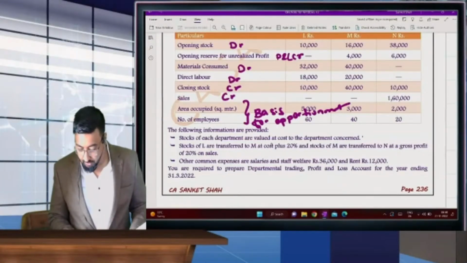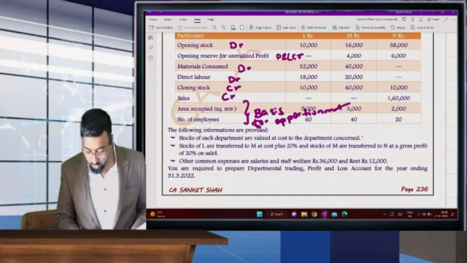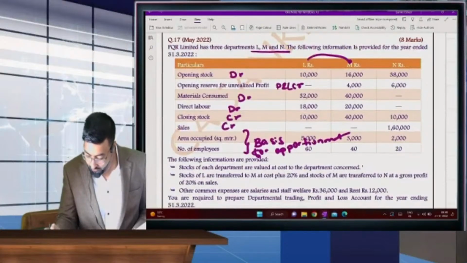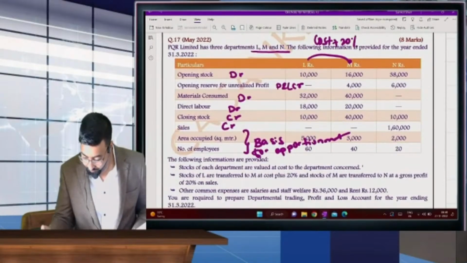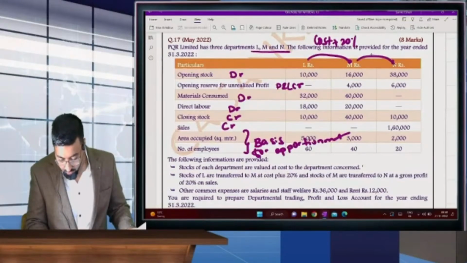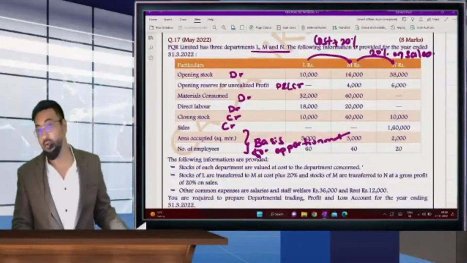Stock of each department are valued at cost to the department concerned. Stock of L transferred to M, so L M को कॉस्ट प्लस 20% पे ट्रांसफर करता है एंड एम एन को 20% ऑन सेल्स ट्रांसफर करता है. सी द इक्वेशन. कॉस्ट प्लस 20% एंड 20% ऑन सेल्स.